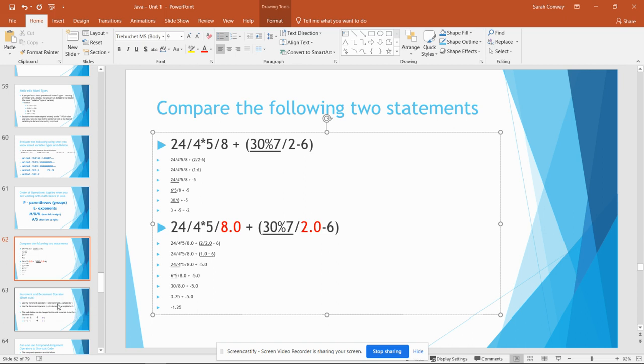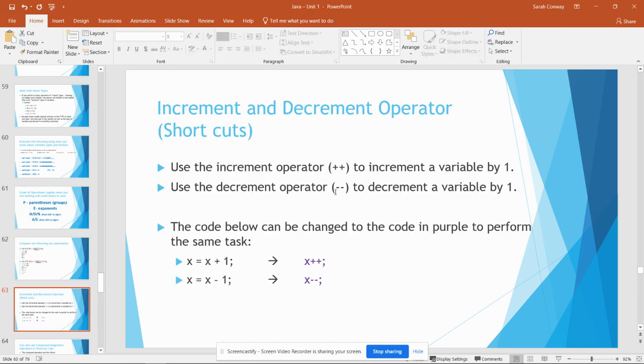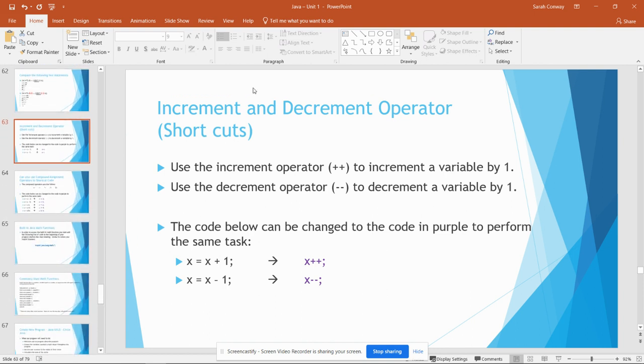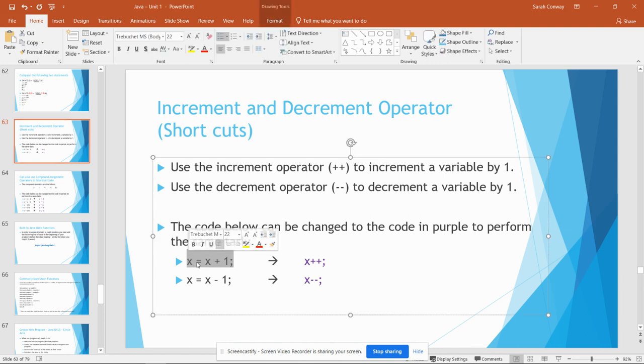instead of integers. Now, the next thing I want to talk about are some of the shortcut operators that exist in Java. So you can see here that we have increment and decrement operators that you can just use to quickly add one or subtract one from a variable. So if you've programmed before, you know that this statement will take the x value, add 1 to it, and resave it in x.